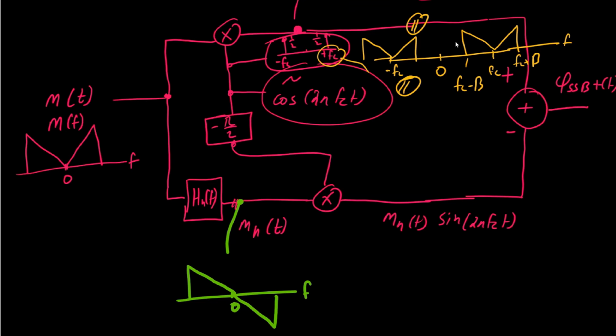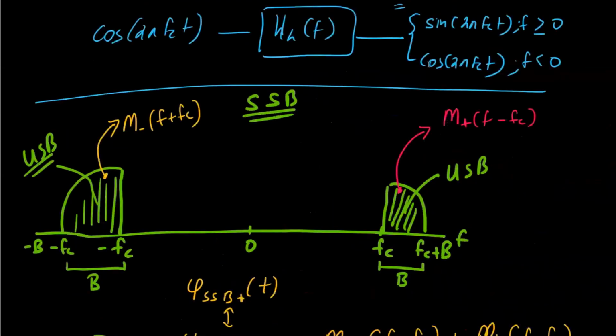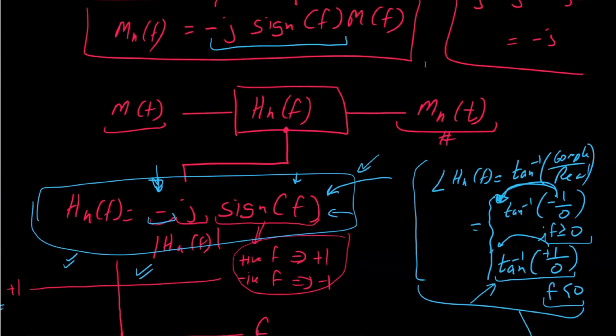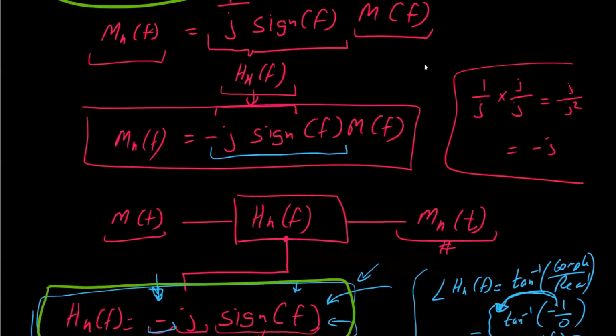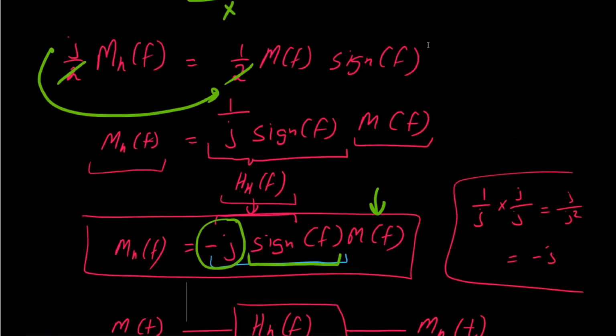So what is this? This is simply m of f by j, and where is it coming from? So let us visit this again, what is this filter doing, and that filter is over here. Whatever the input was, depending on the sign function, sign of f, we are multiplying by a minus j or 1 over j, right?